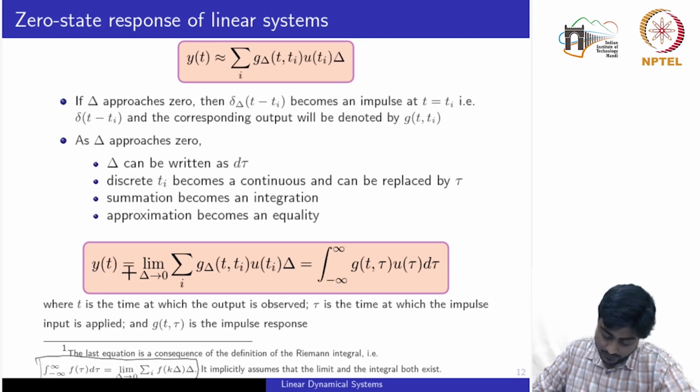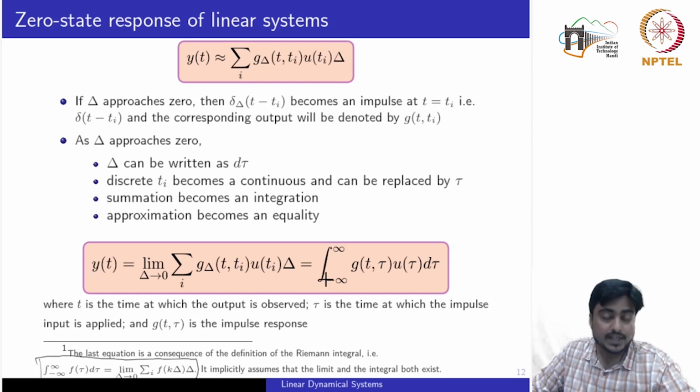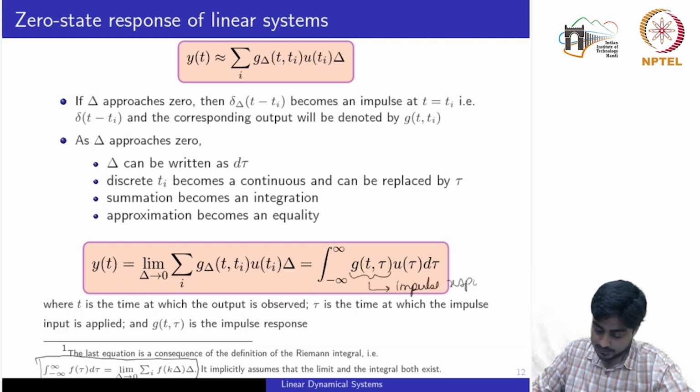So now y of t is defined by an integral from minus infinity to infinity, g of t comma tau u tau d tau. It says that the input was applied at time t equal to tau and we are obtaining the output at time t. This g function is now defined as the impulse response of the system.